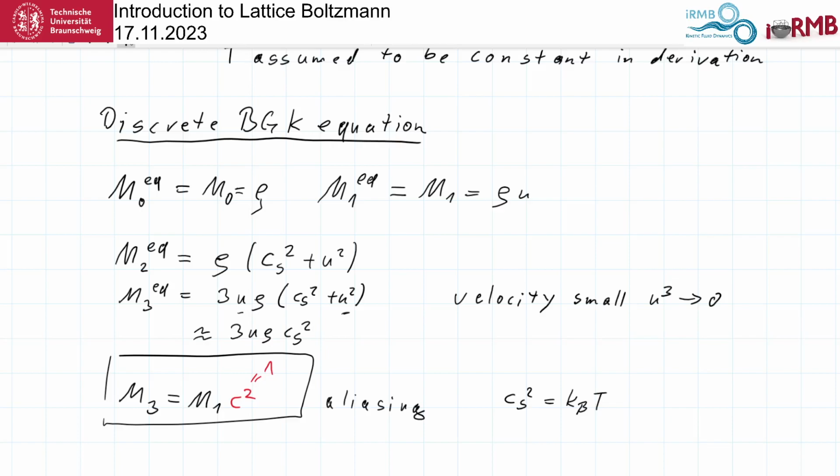Really no idea? So the equilibrium of M3 should be 3u rho cs squared.